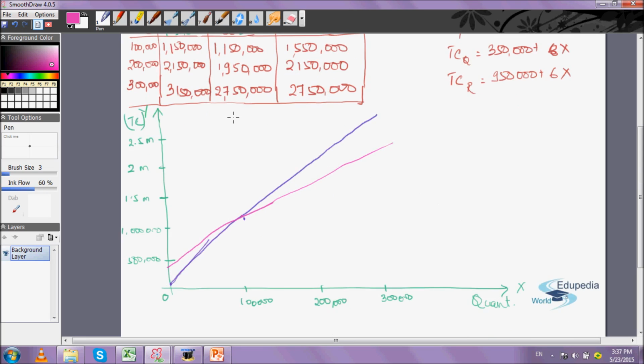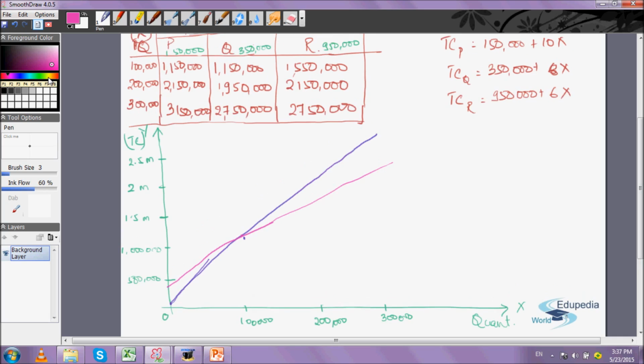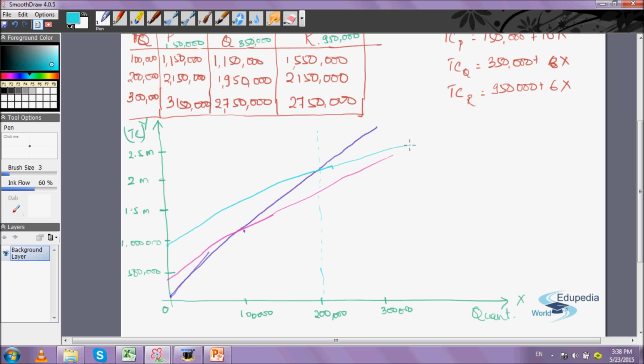Alright, and finally with the third one, that is R, let me use another color for that, starting from 95,000, which will be here somewhere around this point, and then R meets P at 215, so it'll meet P over here, and it'll meet Q at this point.